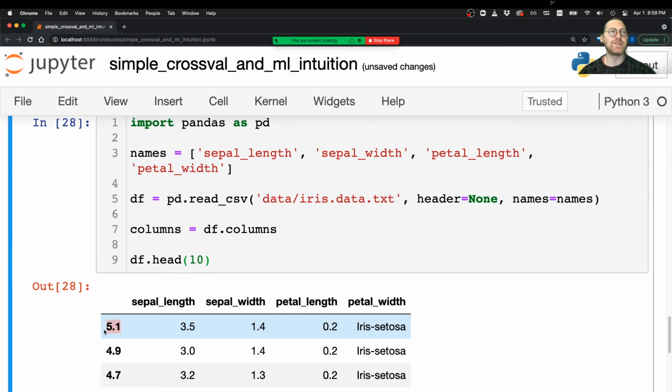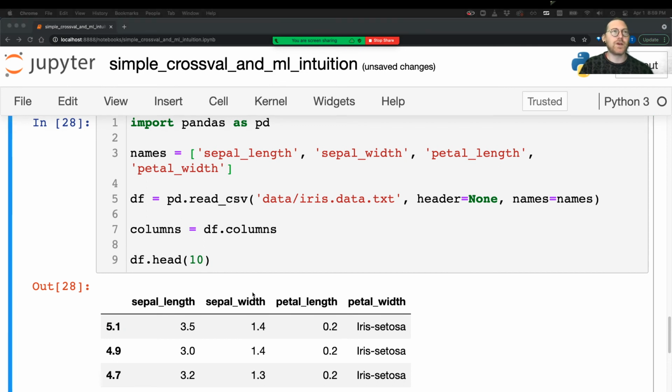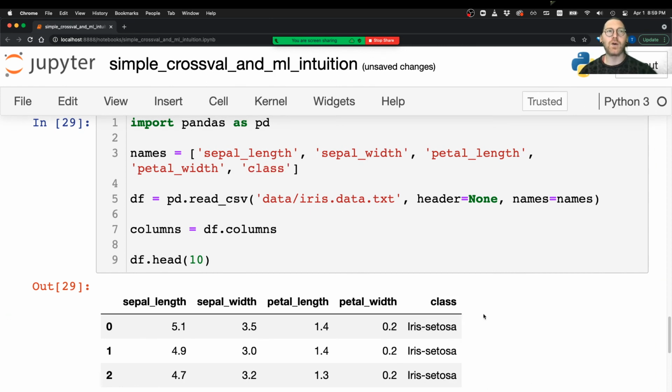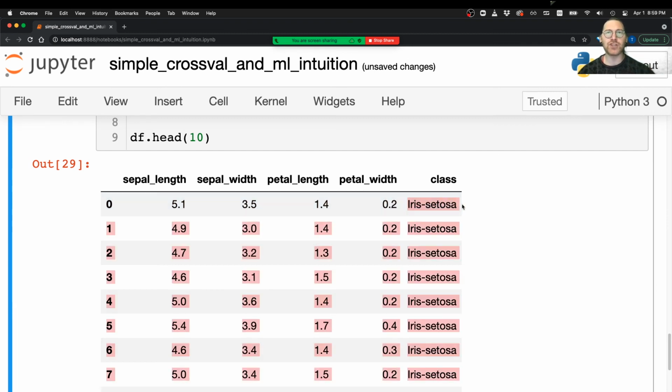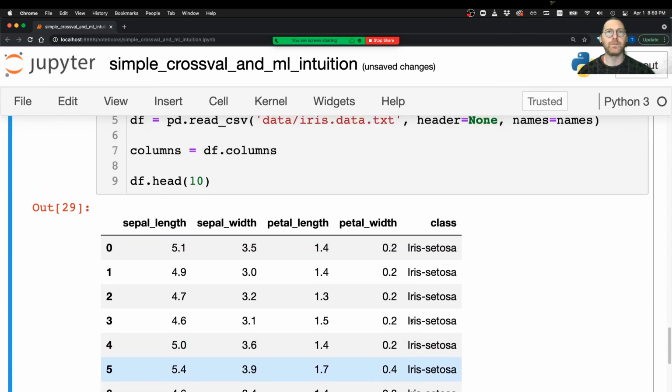So it actually turned these into indices. It's because I didn't put the class in here. So let's run that again. So now that looks better. So notice now we're indexing starting at 0 instead of 5.1, which makes a lot more sense. So sepal length, sepal width, petal width, and that observation is an iris setosa. There are 3 different classes that we have here: iris setosa, iris versicolor, and iris virginica.